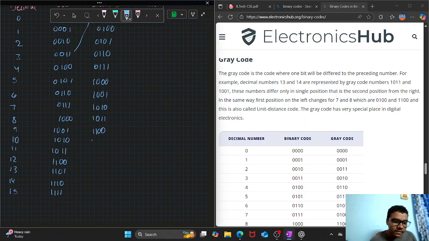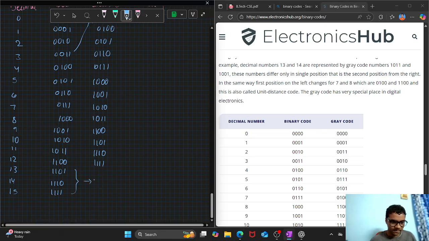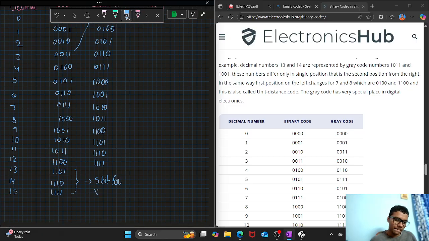And for excess 3, you have to go to 5 bits, because you have reached the end here.